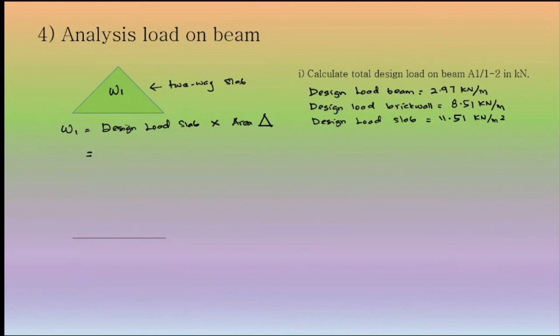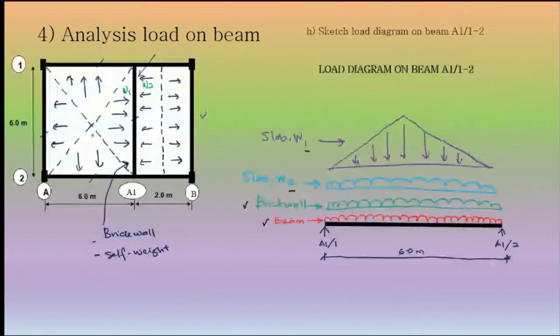So referring to this figure, we know the length is 6 meter and the height of the triangle is 3 meter. Okay, separuh. Okay, separuh daripada side dia kan. Itu kan sebab 45 degree bahagi sama rata. Okay, 3 meter.